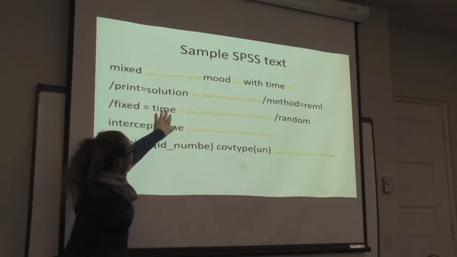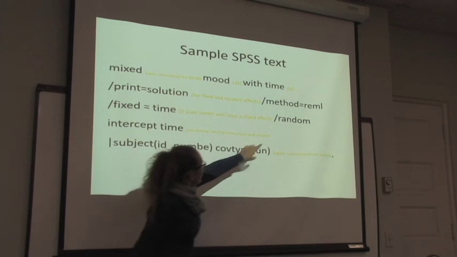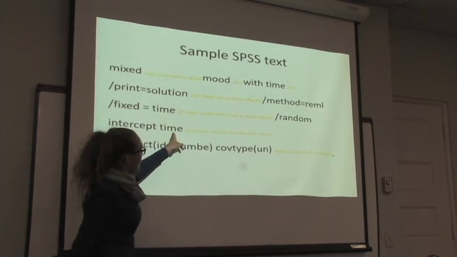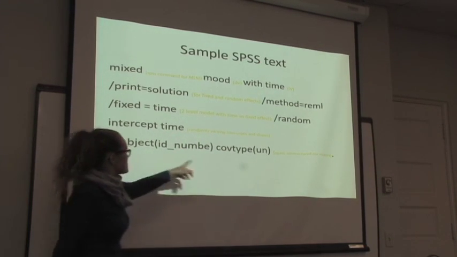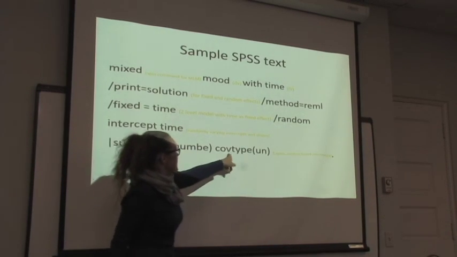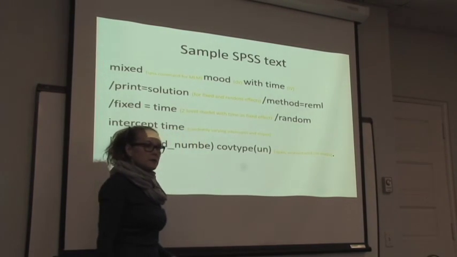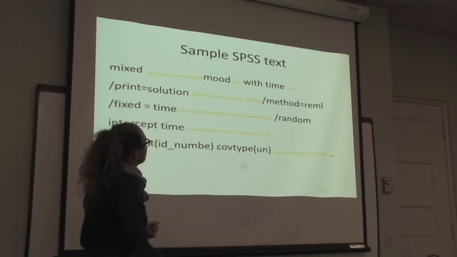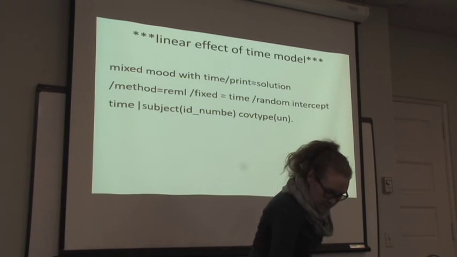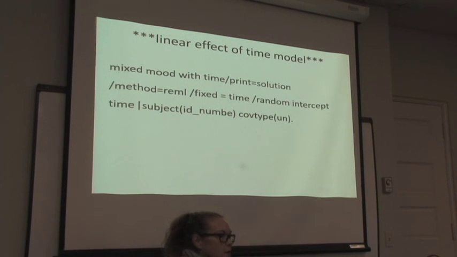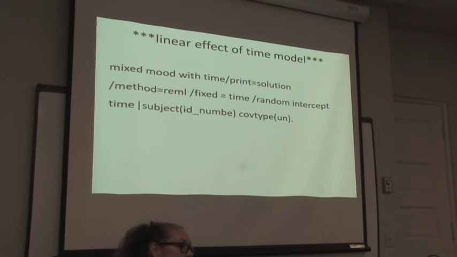We've got time on the fixed effect statement and intercept and time on the random statement. Here's our ID and type unstructured. Okay? So that would be the SPSS code, and this is an example without the annotation. That's just to get your feet wet in making the translation between the formulas and the syntax. But like I said, we'll do them one by one next week.